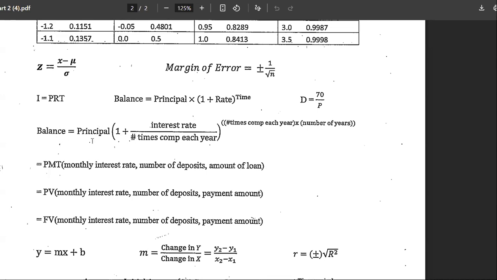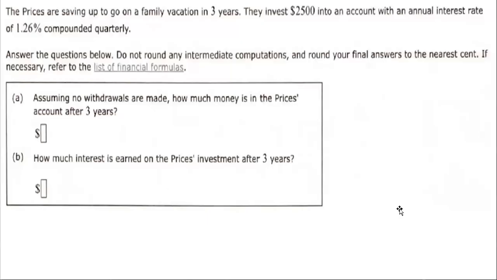It's going to be the balance equals the principal times 1 plus the interest rate over the number of times compounded each year, and then raised to the number of times compounded each year times the number of years. So this is the formula we will be using for the next set of problems. Go to our problem here. All right, so here it says the Prices are saving up for a family vacation in 3 years.